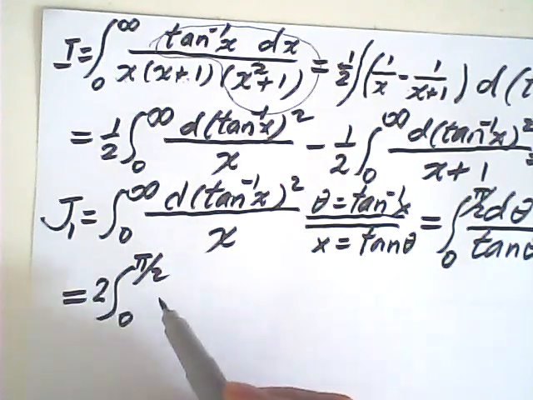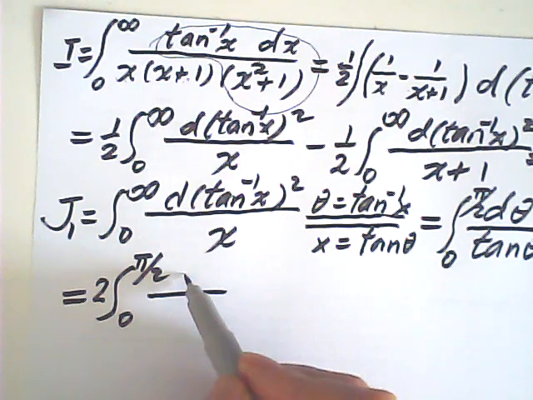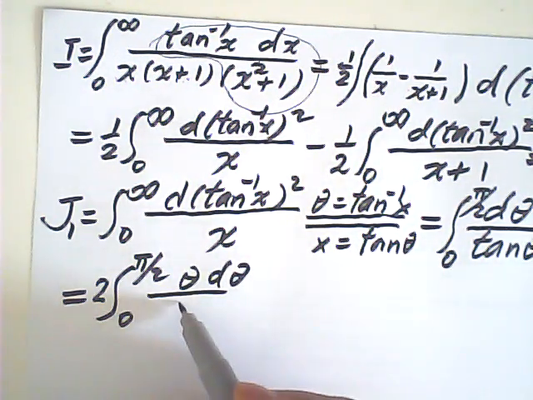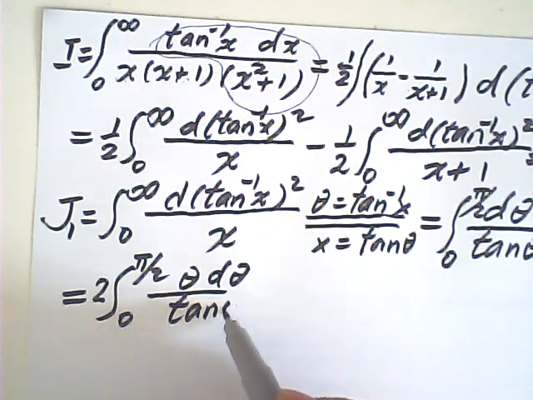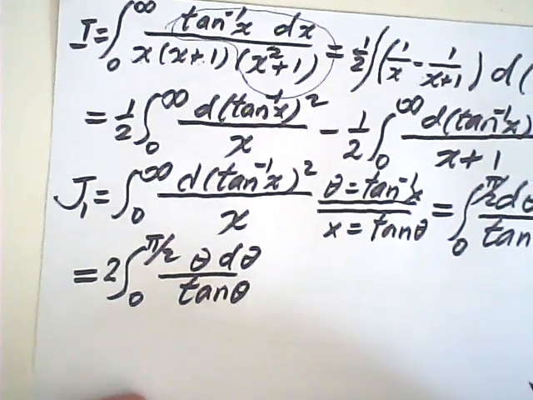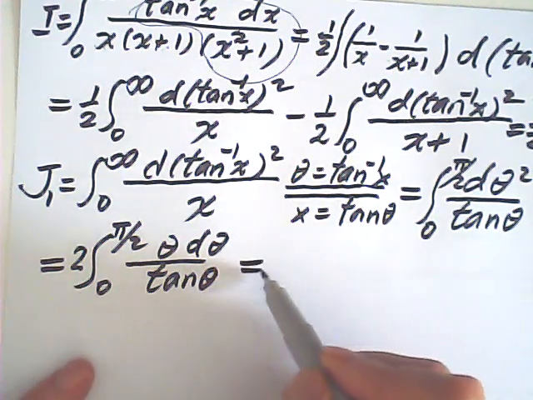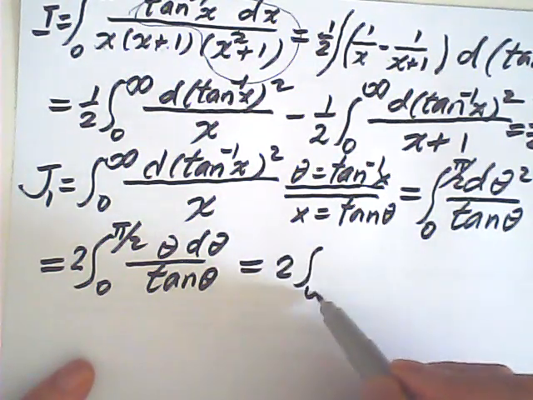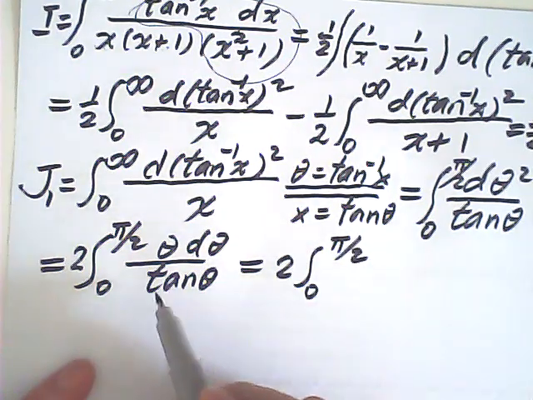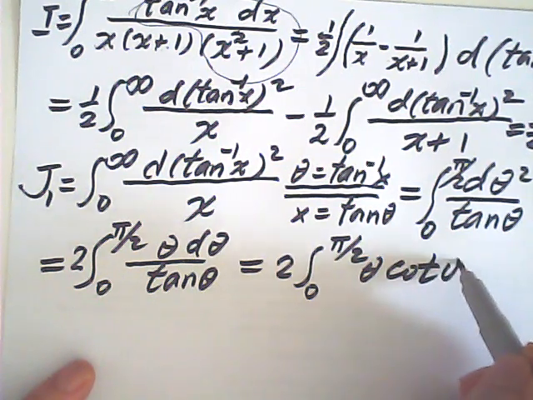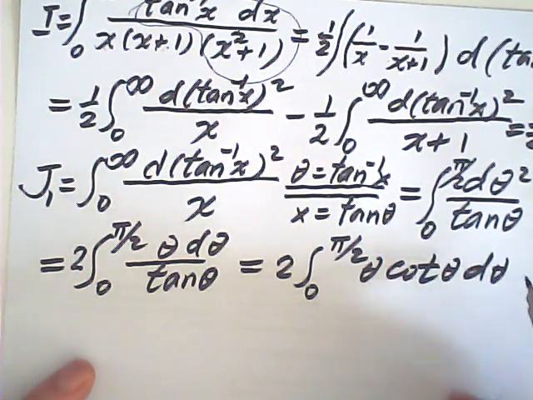Writing 2 in the front, this will be theta d theta over tangent theta. And that will be 2 times the integral from 0 to half pi of theta times cotangent theta d theta.